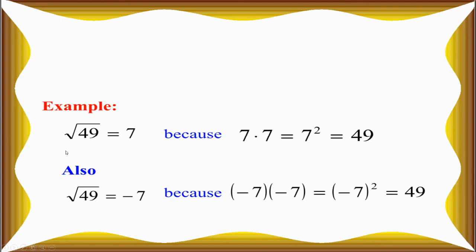If you divide 49 by 7, it will give you 7. Also, the square root of 49 is equal to negative 7, because negative 7 times negative 7 is equal to negative 7 squared. And if you multiply two negative numbers, it will give you a positive answer. So negative 7 times negative 7 is 49.